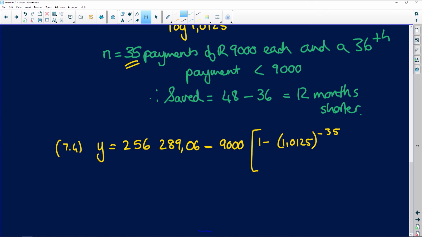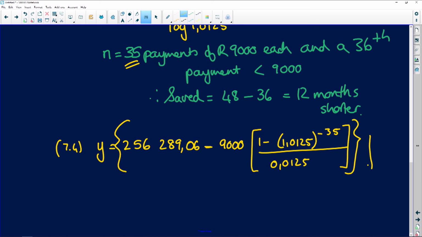So we take all the interest away, 0.0125, and this whole difference must go forward. Now I'm going to write this here. Go forward at 1.0125 for 36 periods. What does that mean? It means that everything came back to the point on the timeline where we started paying. Okay, we made 35 payments at 9,000 Rand each, and then the last payment is that little bit of a gap that we need to pay extra to amortize this loan.